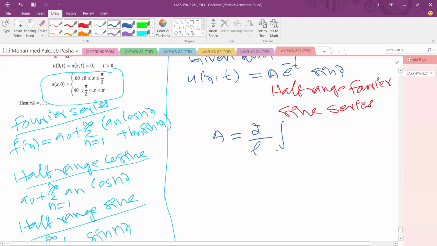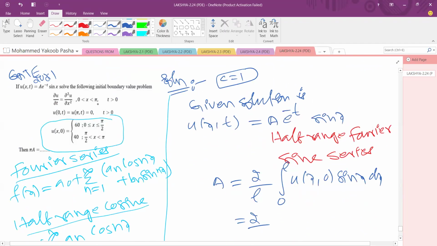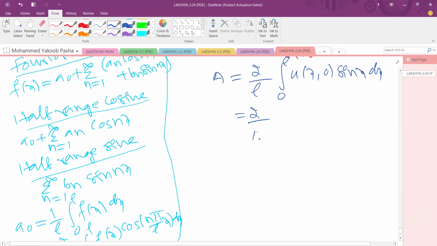Integral 0 to L u of x comma 0 sin x into dx. So here the upper limit is pi. The interval length is pi, so we divide by the length, pi.